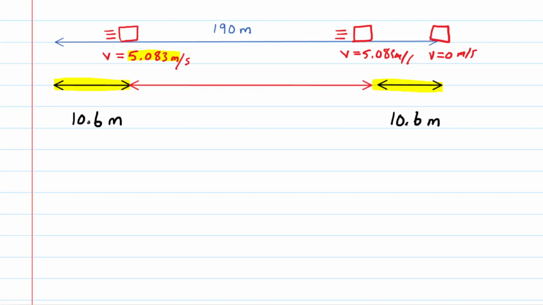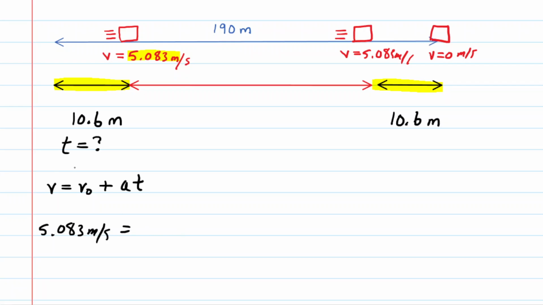Now, what we do need is the amount of time required for this elevator car to go from rest up to the maximum speed. So we're going to take a moment here to calculate that time right now. And we can do that rather easily with the following kinematics equation. We know the final velocity equals the initial velocity plus acceleration multiplied by time. The final velocity was that maximum velocity for the first leg of its journey.